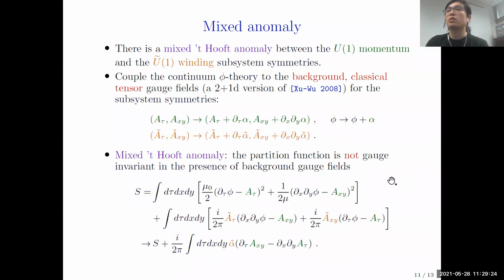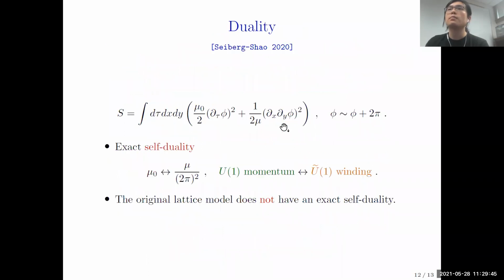So this is our action. Now with this action, we can check whether the partition function is gauge invariant in the presence of background gauge fields or not. In this case, it's actually not gauge invariant. This signals a mixed Toph anomaly between the U1 momentum subsystem symmetry and the U1 winding subsystem symmetry.